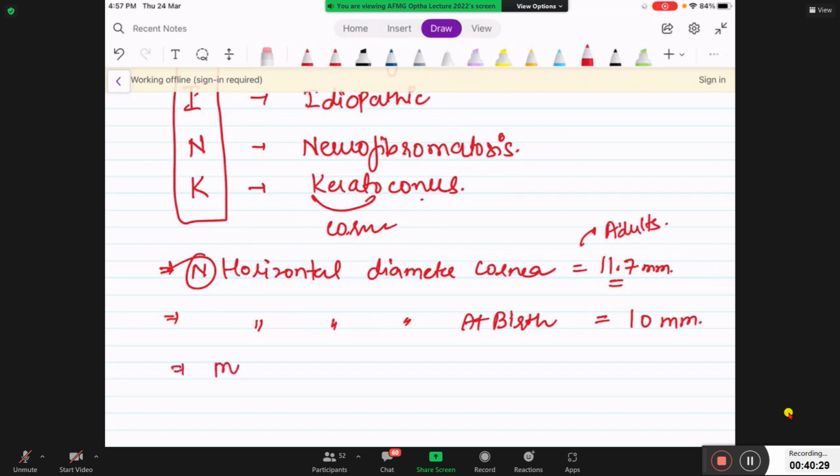Now, there is a condition called microcornea. Micro means small, right? So, a cornea smaller than normal. In microcornea, the horizontal diameter is less than 10 millimeters. Then you will coin the term microcornea.